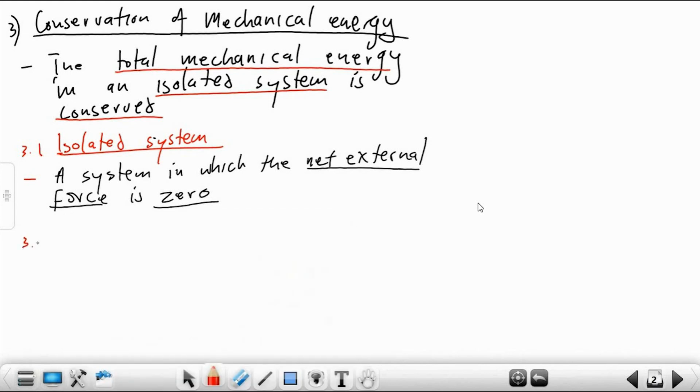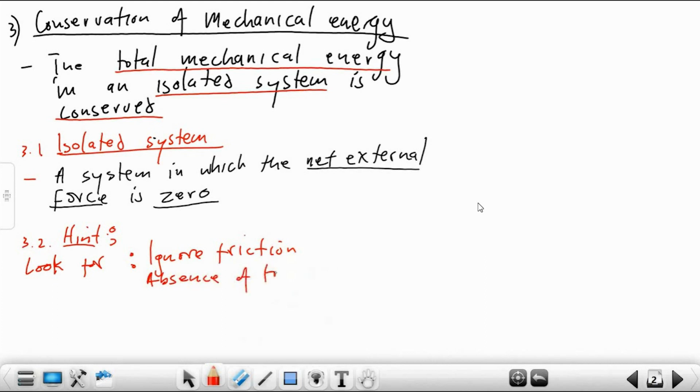Key thing now at number 3.2, which is a hint. Look for words like ignore friction, absence of friction, no air resistance.